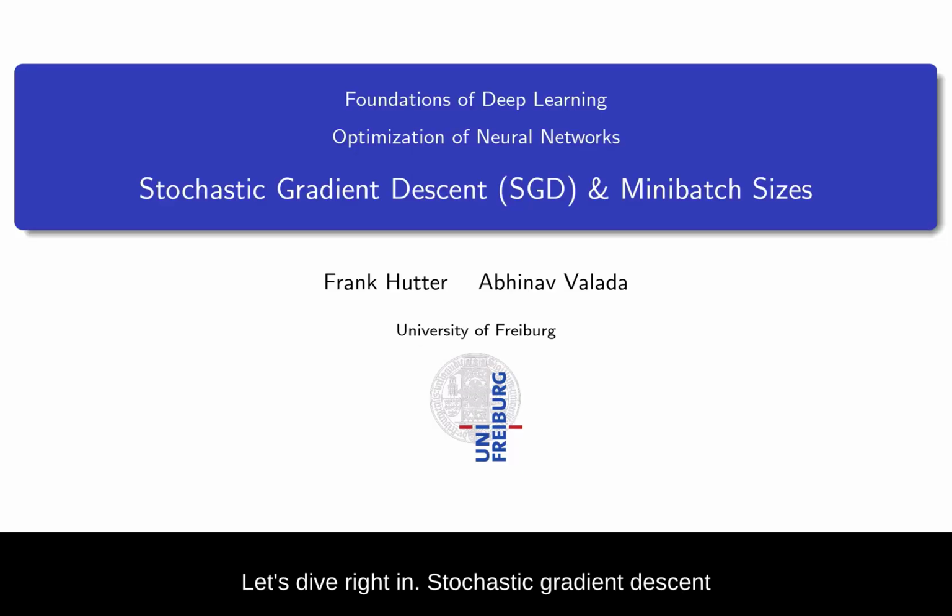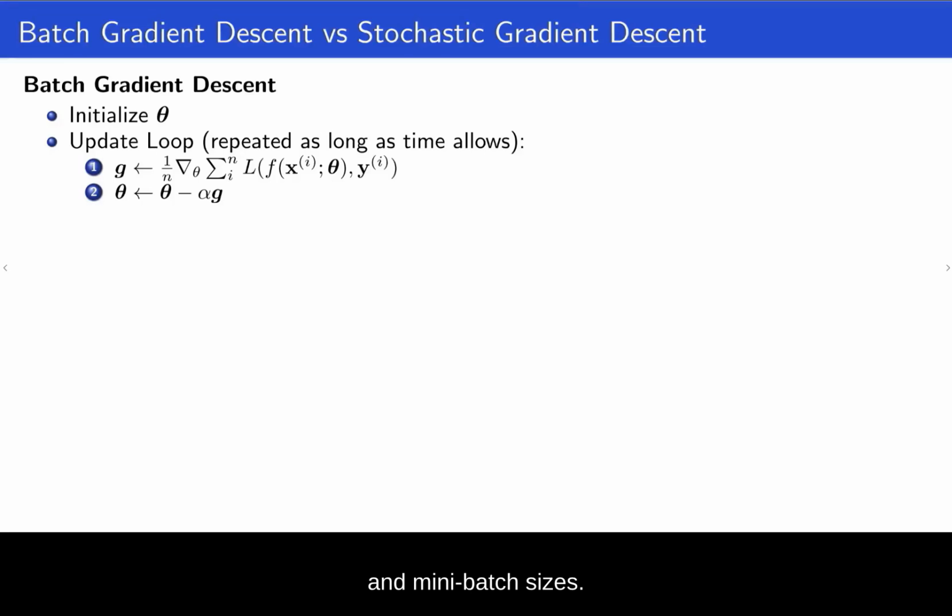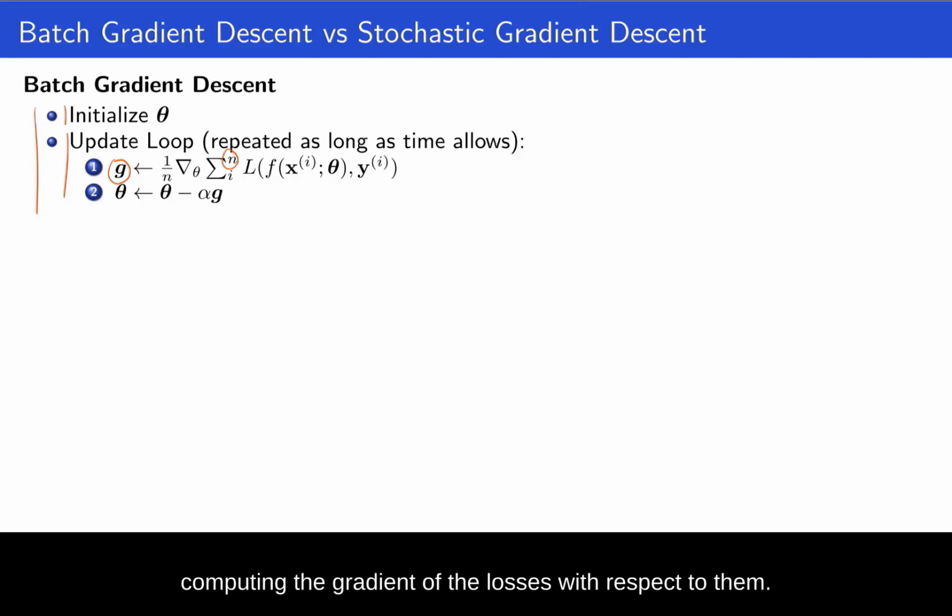Stochastic gradient descent and mini batch sizes. So we've seen this batch version of gradient descent before, which can be concisely written like this. First, we initialize a parameter vector, and then we iterate this update loop in which we compute exact gradients g by using all the n data points and computing the gradient of the losses with respect to them.